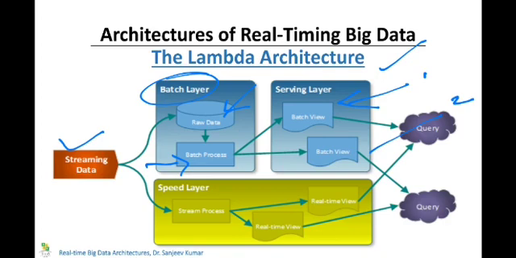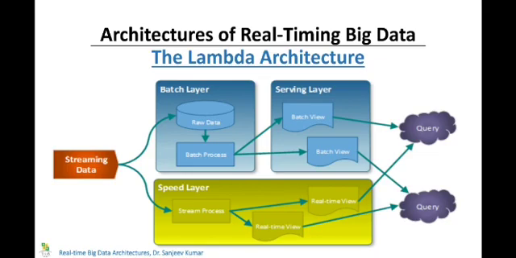The second one is the speed layer, like a live telecast. In this diagram you can see that data first comes to the speed layer, where stream processing happens, and after that it is executed on different resources.